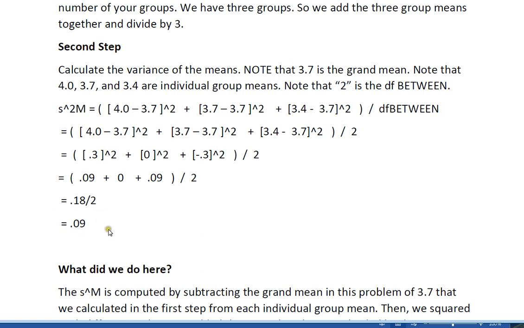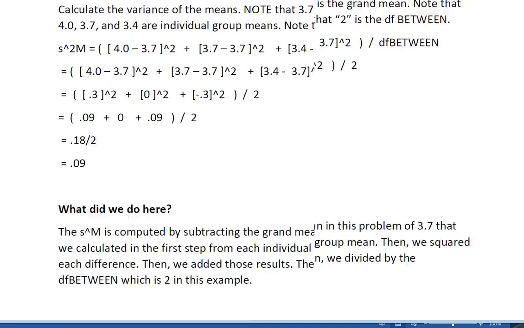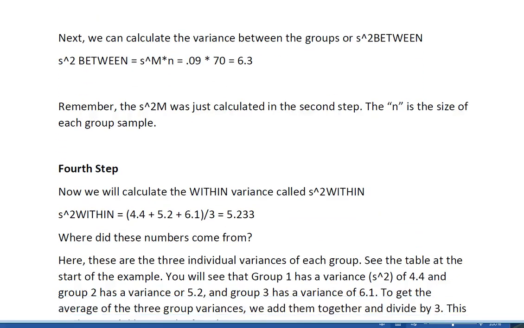That's how we got this number. Then in our third step, we calculated the variance between by multiplying the value we had just gotten times how many people we have in each group. In this case, our groups are the same size, so we can use 70. Otherwise, we would use an average.